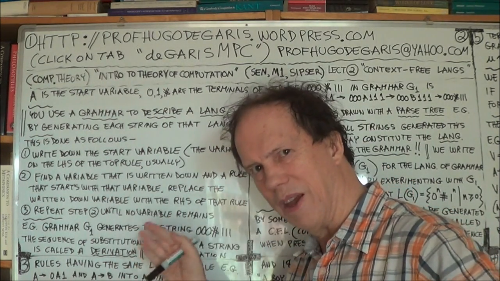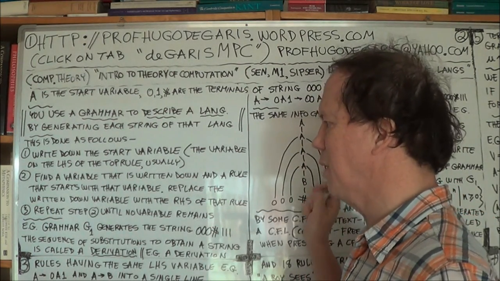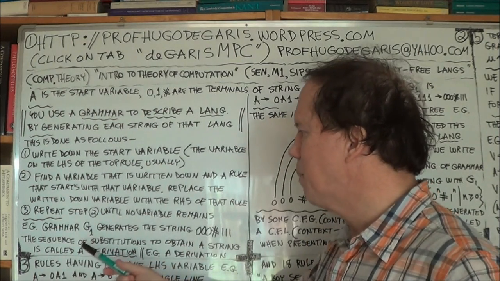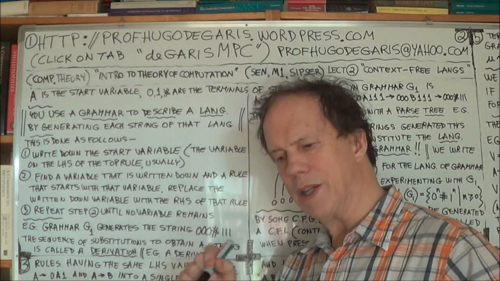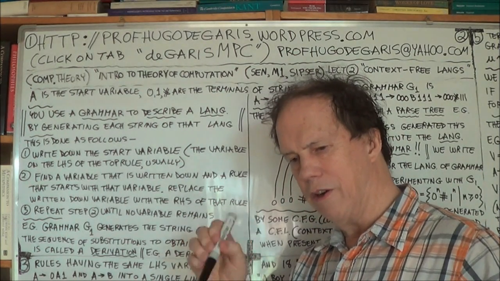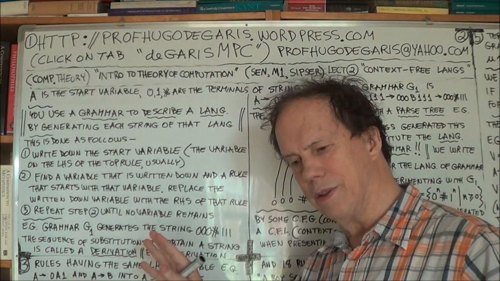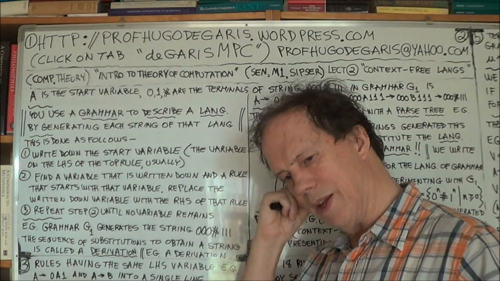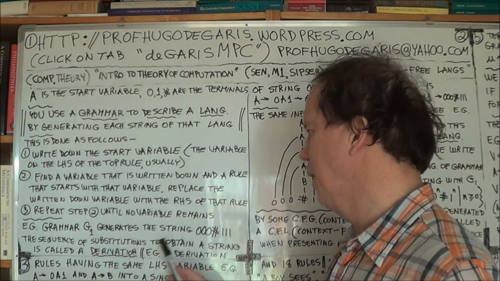If you're not clear on that, you soon will be, because it's a fairly easy process. You'll see in a minute the next slide will actually do one. That sequence of rewriting or substituting a variable for the right-hand side of the rule is called the derivation.